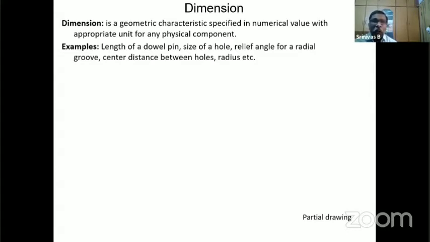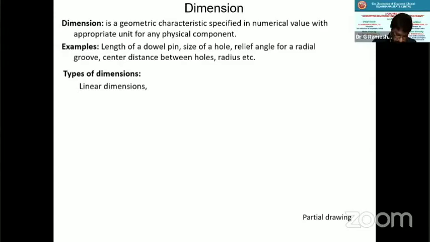Now, I would like to explain to you the types of dimensions. Do you know how many types of dimensions there are? I would show one by one and explain those dimensions. Broadly, we can classify dimensions into 2 groups: linear dimensions and non-linear dimensions.